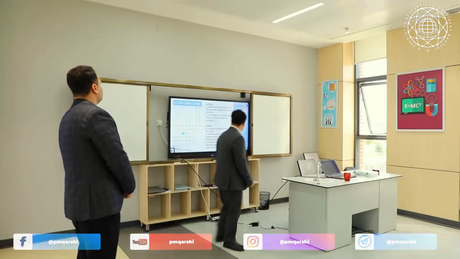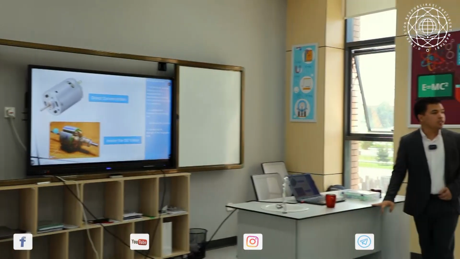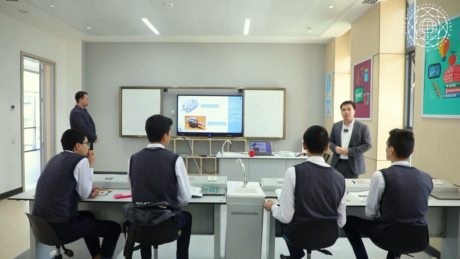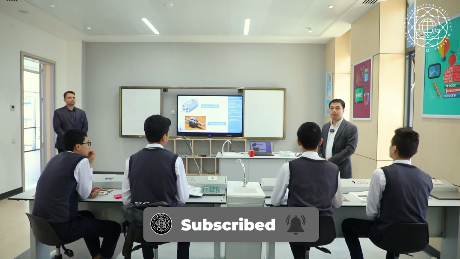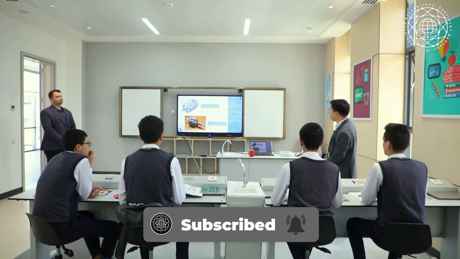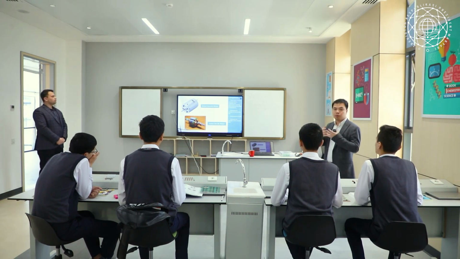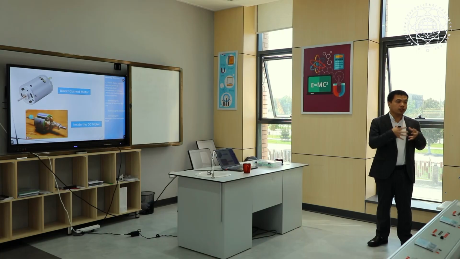Okay, now let's go to study about this DC motor. So this is a DC motor. It's a piece of equipment that converts electrical energy into mechanical energy. On the first picture is what we will see if we open something like a toy, which contains a DC motor, but that one has a casing.